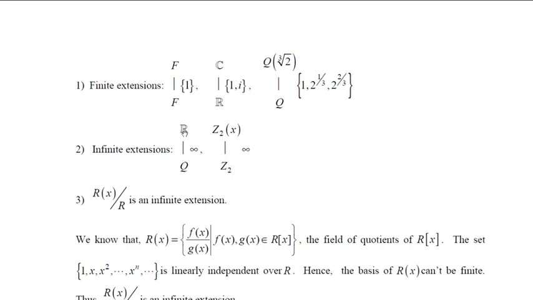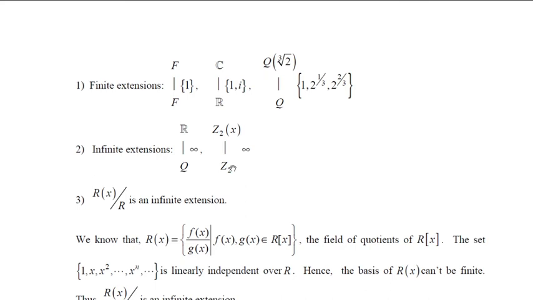And see these two. In the extension field, we know that Q is a subset of R, and R forms a vector space over Q. And how many elements generate R? In fact, there are infinitely many elements which generate R. And how about this?